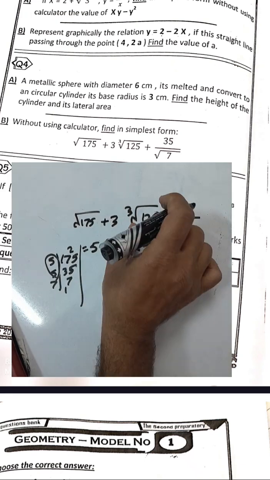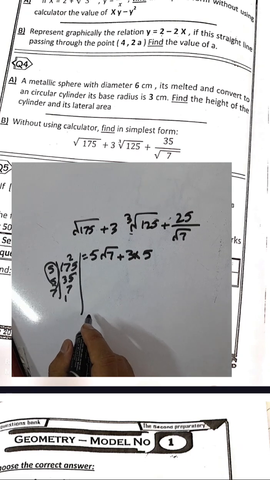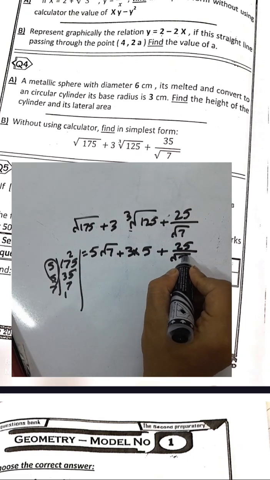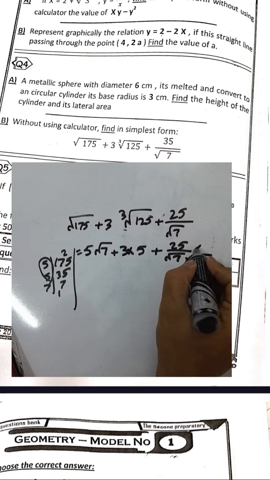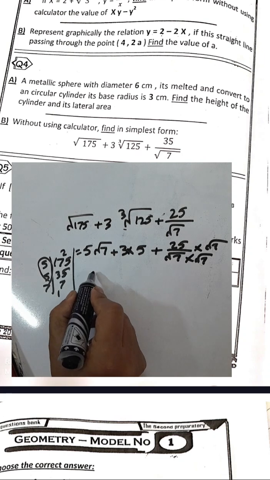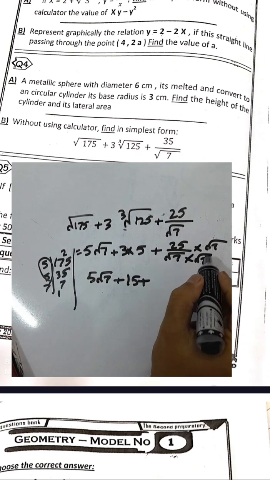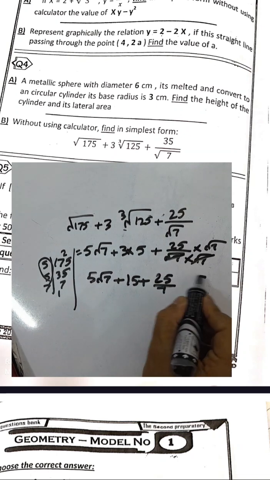Then the cubic root of 125 equals 5, plus 25 over root 7. You can multiply root 7 in the numerator and denominator. Then the result is 5 root 7 plus 15 plus 25 root 7 over 7, since root 7 times root 7 equals 7.